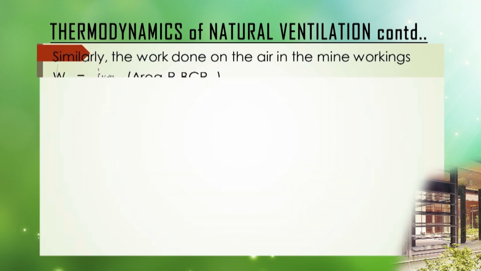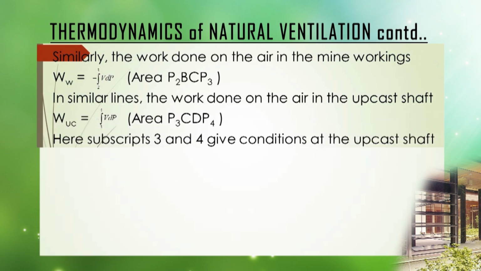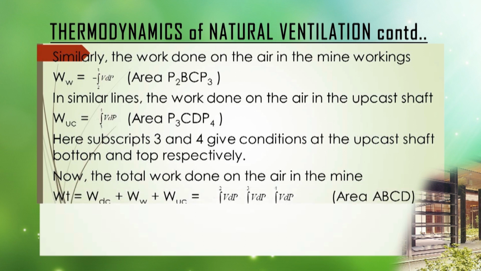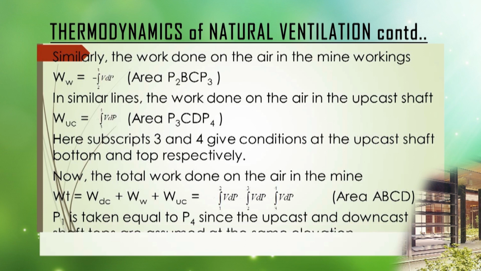Similarly, work done on the air in the mine workings is shown by area P2 B C P3, and on similar lines the work done on the air in the upcast shaft is shown by area P3 C D P4. Here subscripts 3 and 4 give conditions at the upcast shaft bottom and shaft top respectively.